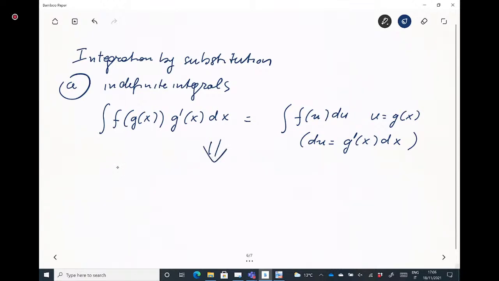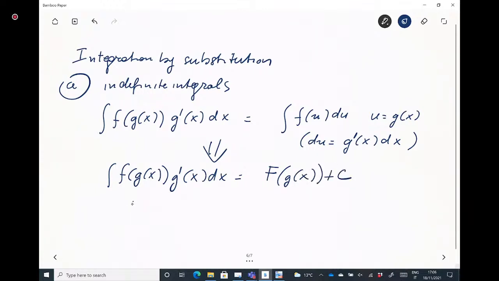The integral of f of g of x times g prime of x dx is just equal to capital F of g of x plus a constant, where capital F is the primitive of lowercase f.